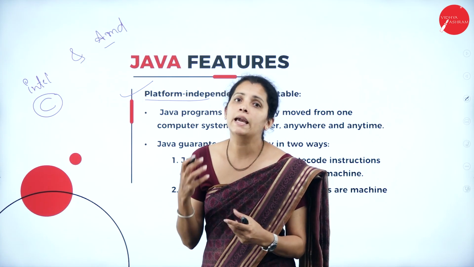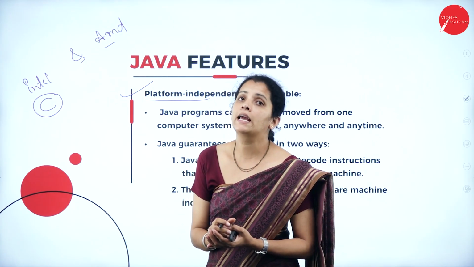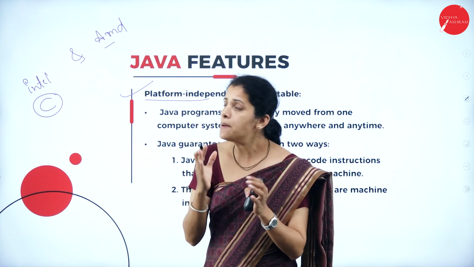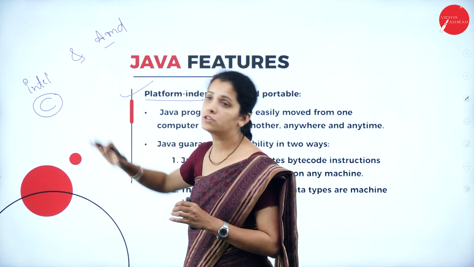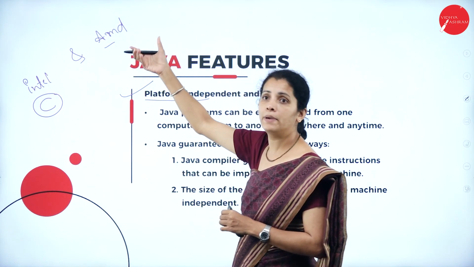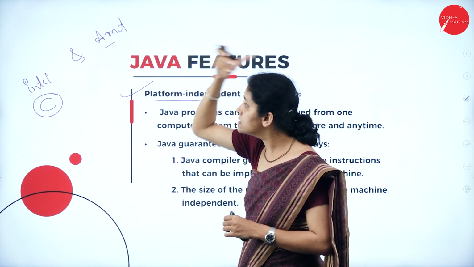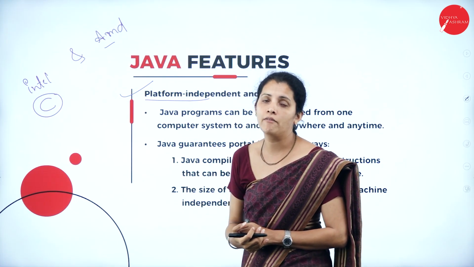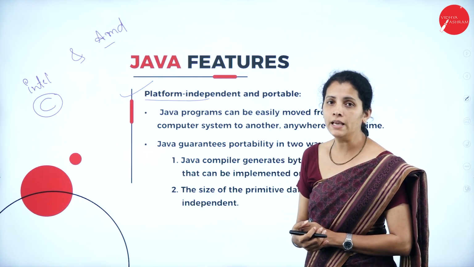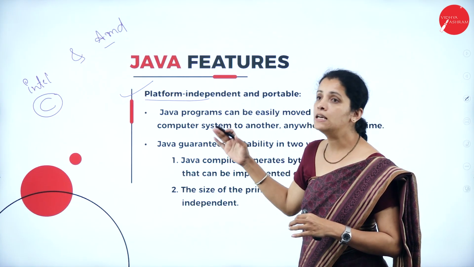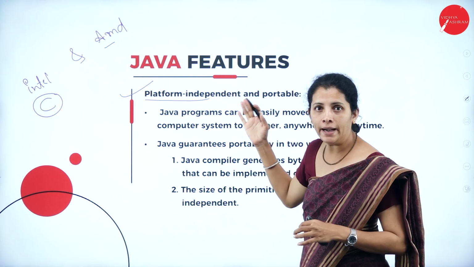Without making any modification, I can run the same program in the Intel processor as well as the AMD processor. So this is the beauty of Java. That means a Java program is machine independent.